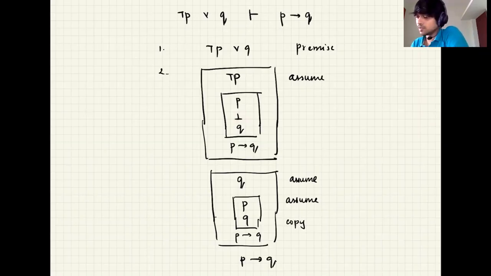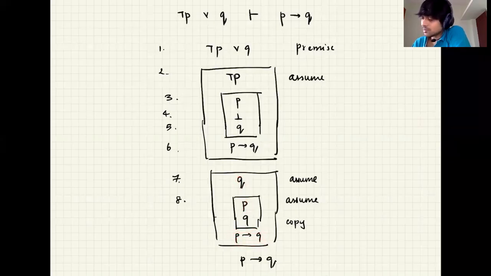Second box isn't clear? Wait. Let me just, this is 3, 4, 5, 6, 7. See, I assumed Q. And inside that box, I am first assuming P. I want to derive P implies Q inside this box. But if I have assumed Q, I can take any assumption here, 8, and I can just copy the assumption inside this, because inside that context, Q is true.